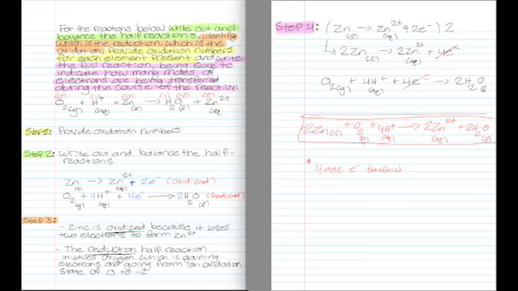For step 3, we're going to talk about what is being oxidized, what is being reduced, and why this is happening. Zinc is oxidized because it loses 2 electrons to form Zn2+. Zinc is a metal that readily loses electrons to form positively charged ions, which is why it is a good reducing agent.